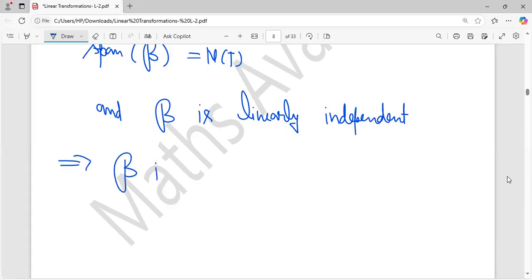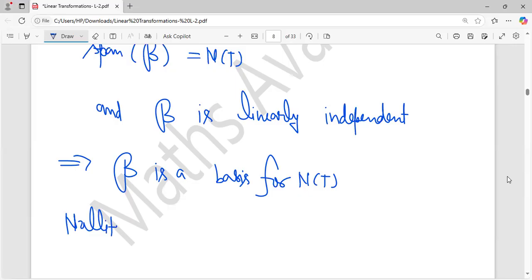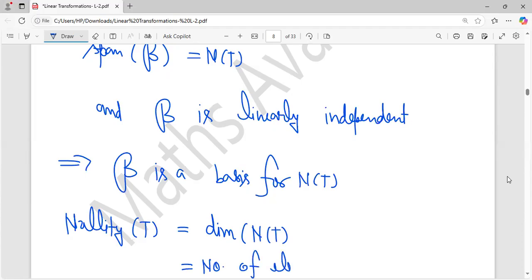So this implies this is a basis for the null space. So the nullity of T is equal to the dimension of the null space, the number of elements in the basis B of the null space.